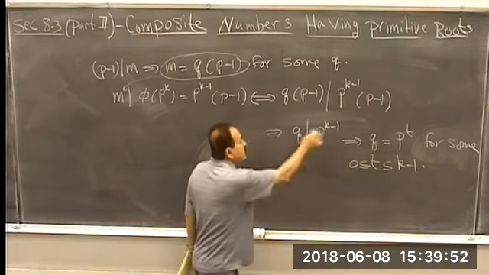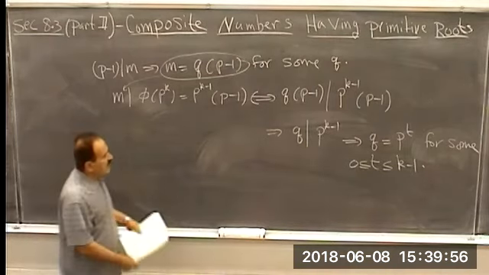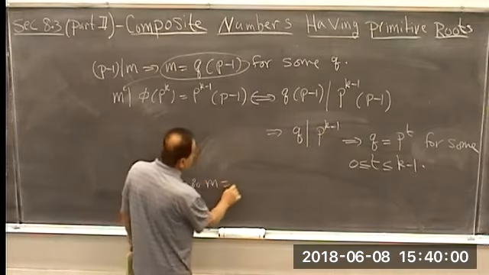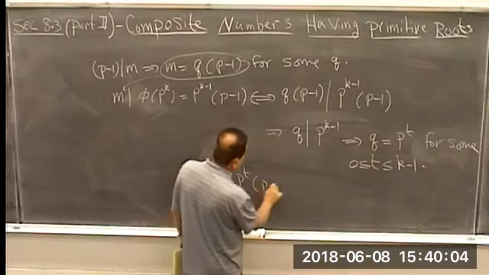This is the highest exponent of p. Therefore, M is going to equal p to the t times p minus 1.